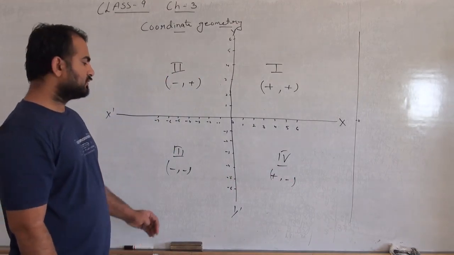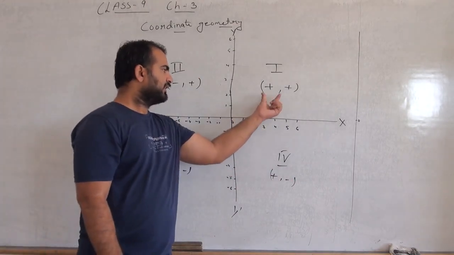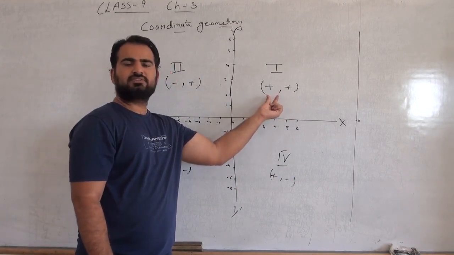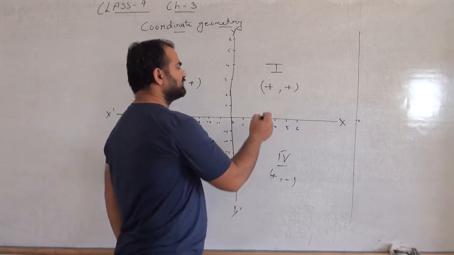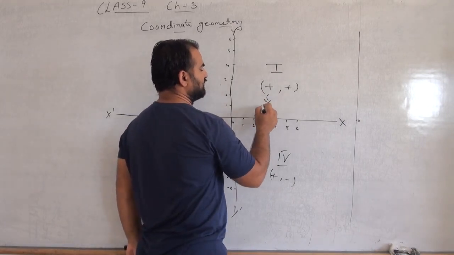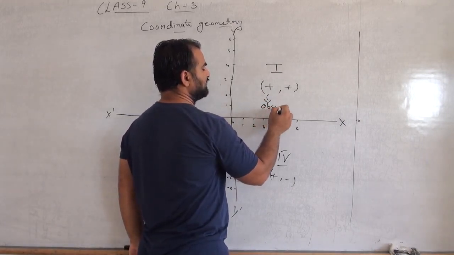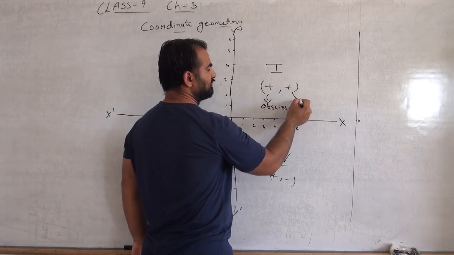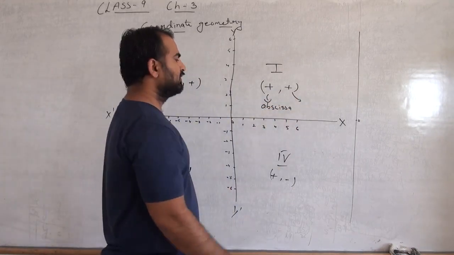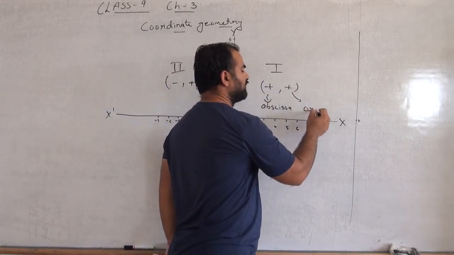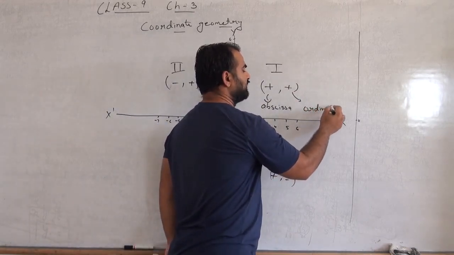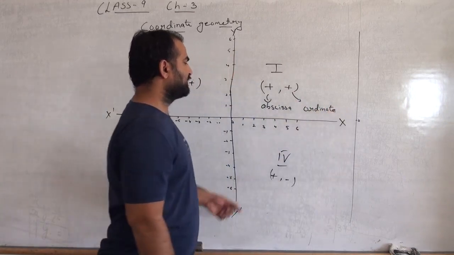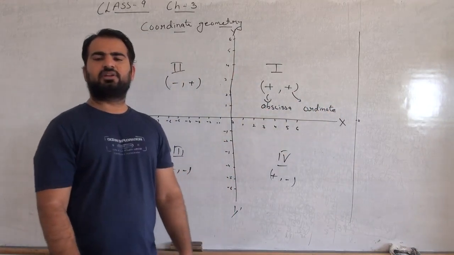In a coordinate, the first value, denoted by x, is known as the abscissa, A-B-S-C-I-double S-A. And y is known as the ordinate, O-R-D-I-N-A-T-E.